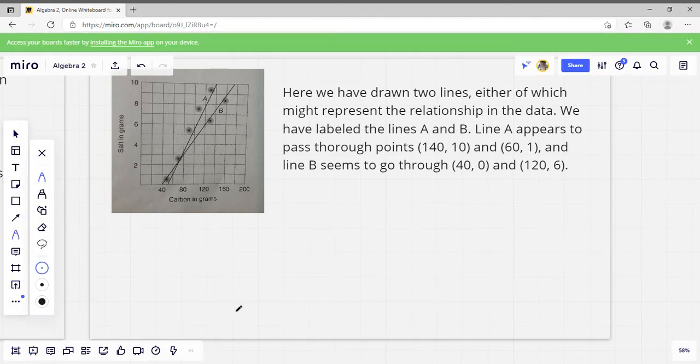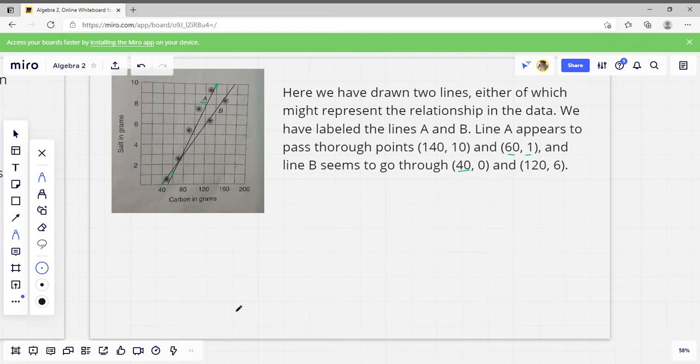So let's see, 140 would be here, and 10 is there, so about right here. Okay, and 60 and 1, about right there. So that's line A. And then line B seems to go through 40, 0.